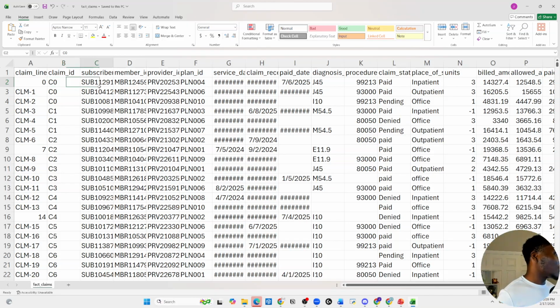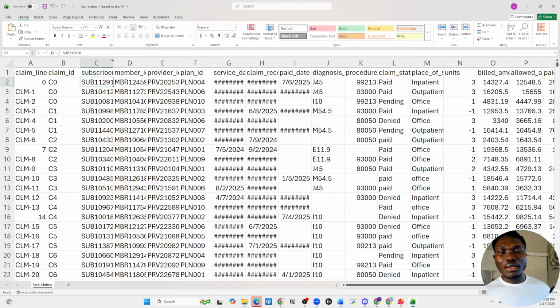So we have the subscriber ID. This is the person who is the owner of the insurance, because the way health insurance works is that my child, my dependent, or my spouse might also be a beneficiary of that health insurance. So the father has a subscriber ID of SUB 1001, but they actually have two dependents.